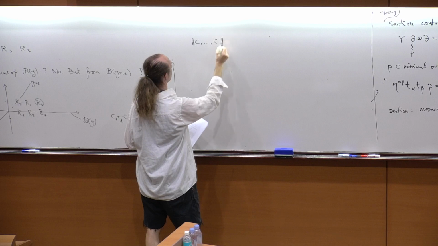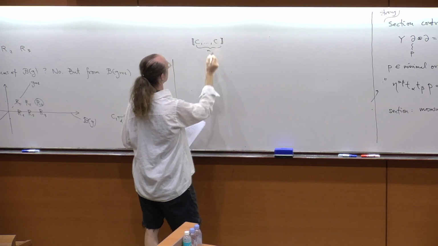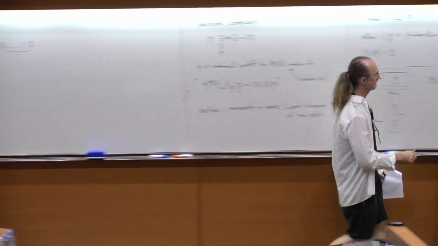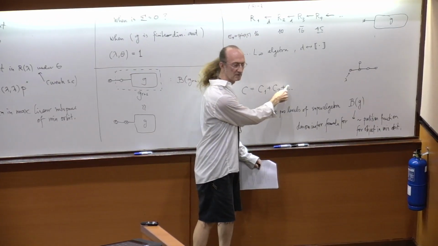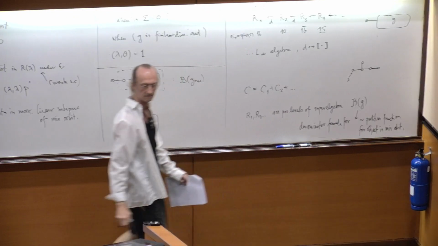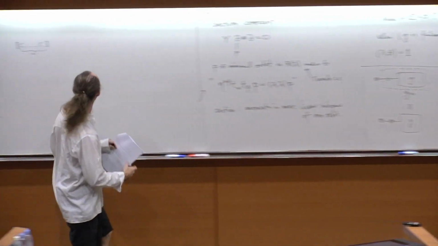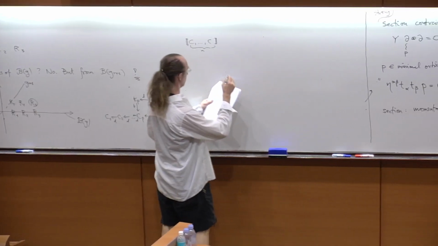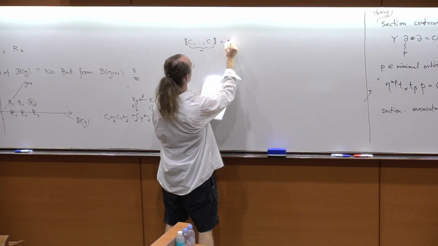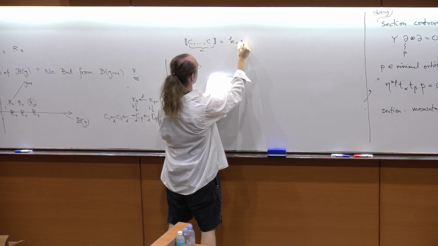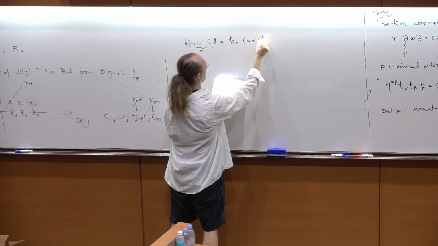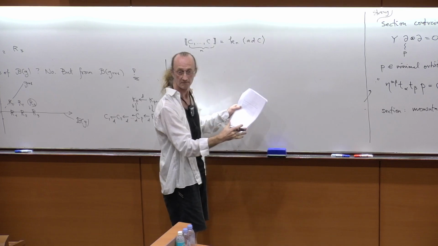The n bracket with c's in it is nice to write this way because it keeps track of the graded symmetric property of the bracket. For example, it would look like this, and ad means adjoint action in the superalgebra, of course.